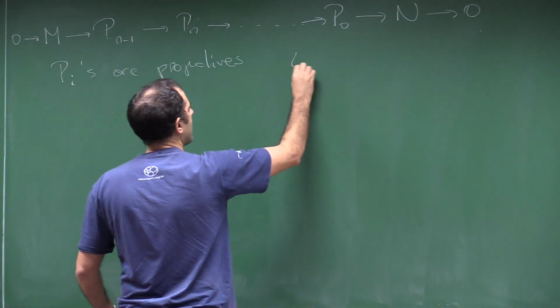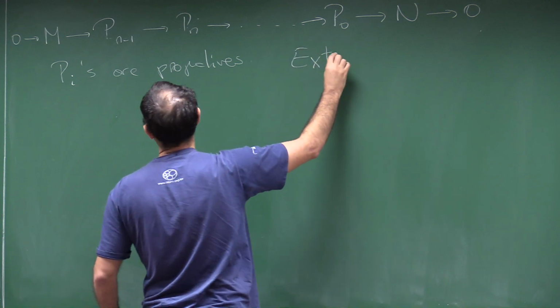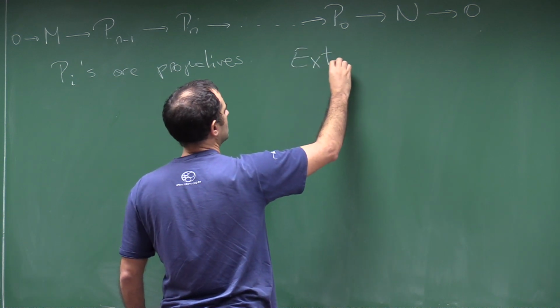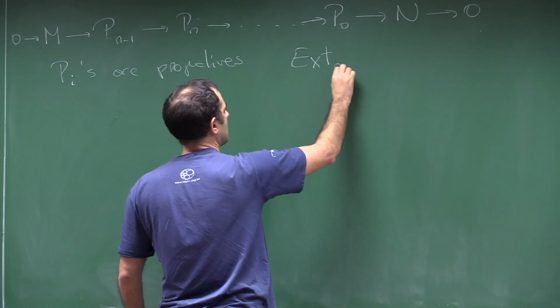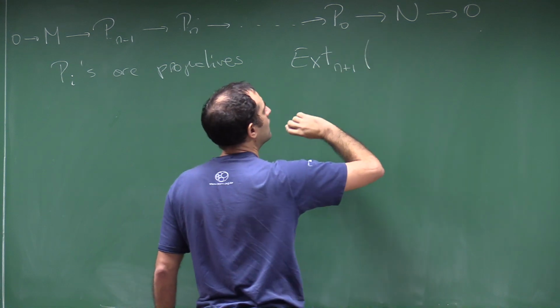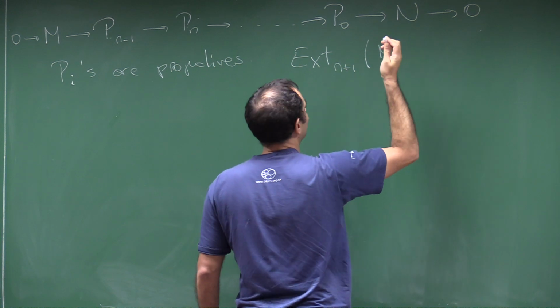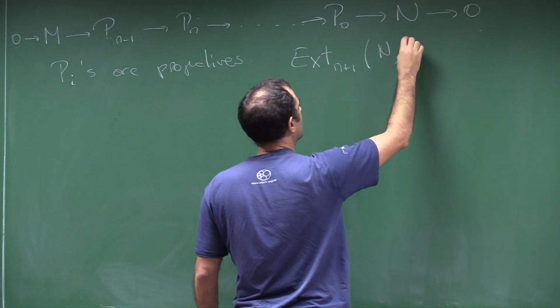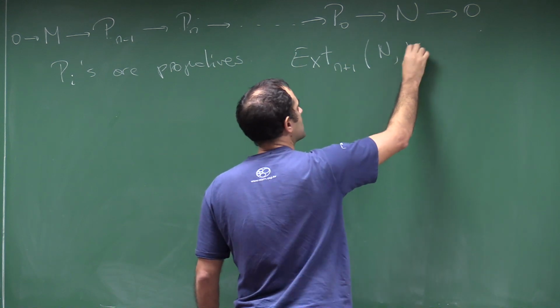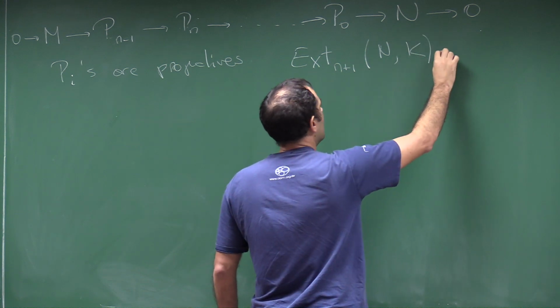Then Ext^{n+1}, and anything N M k was the same thing.